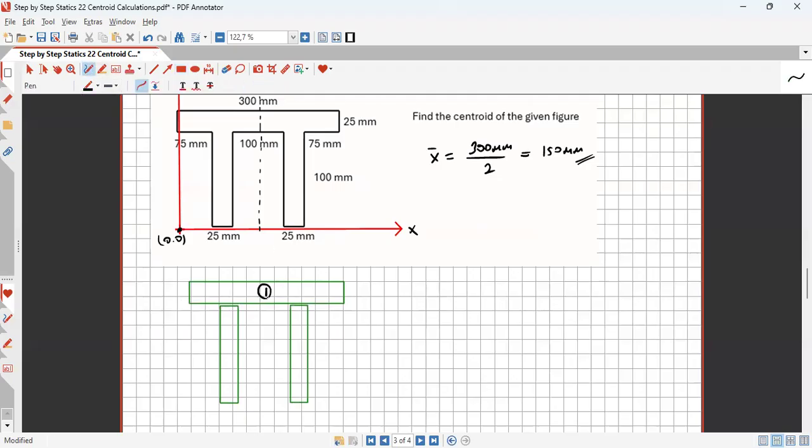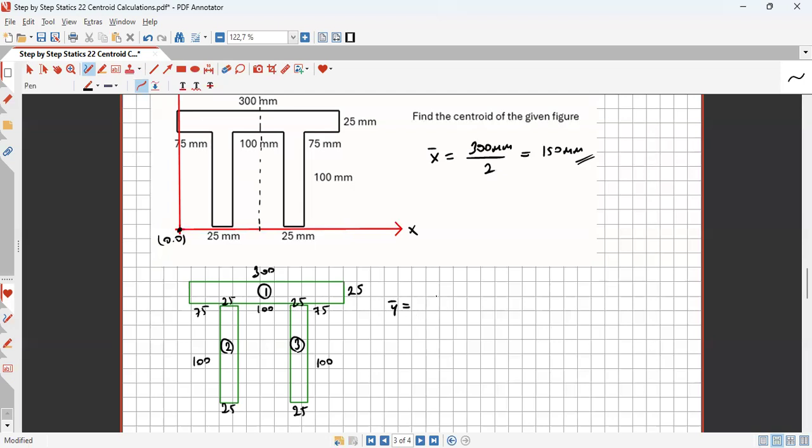We can say first shape, second shape, also third shape. It equals 30 and 25, 25 and 100, 25 and 100, 75, 25, 100, 25, and the last shape, 75.